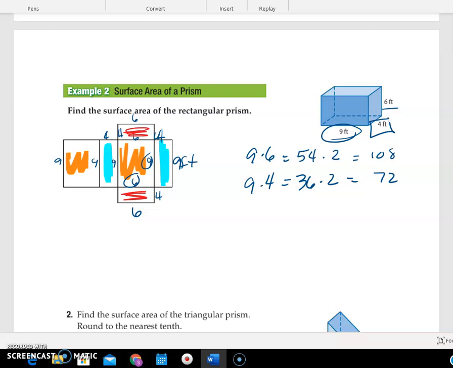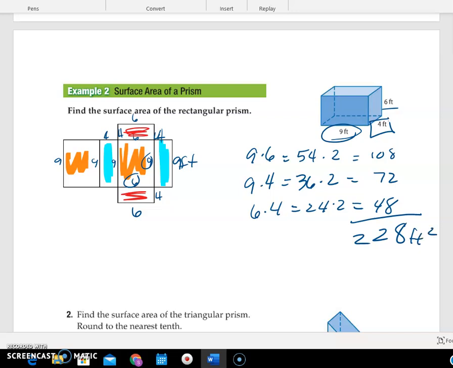And those are 4 by 6, which is 24 times 2, because there's 2 of them, is 48. So that is a special thing that happens with boxes or rectangular prisms, is that we'll have 2 of each different shape. And then we can add all of those up, and that's 228 feet squared.